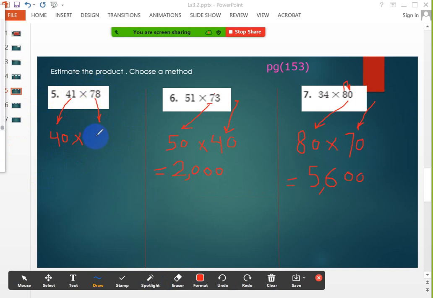Very good. So I have to add 1 to the tens, so it will be 8, and the digit before it will be 0. The answer will be what? 40 multiply 80. I will multiply 4 with 8. 4 multiply 8 is 32. Very good, Duha. 32. And I have to put 2 zeros next to the answer. Read the number for me.